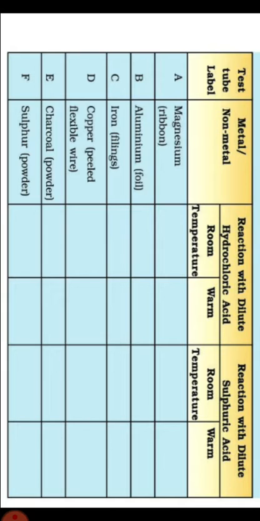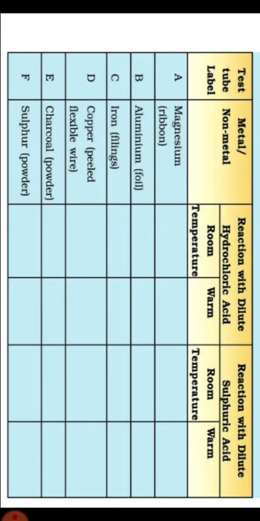In test tube D, we have taken copper, and in the case of hydrochloric acid, no reaction takes place. But in the case of dilute sulfuric acid, copper reacts at room temperature to give out hydrogen gas, and when we warm it, a rapid reaction takes place. Then in test tubes E and F, we have taken charcoal and sulfur.